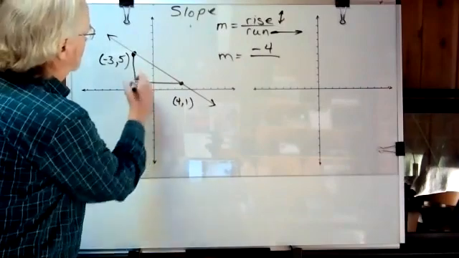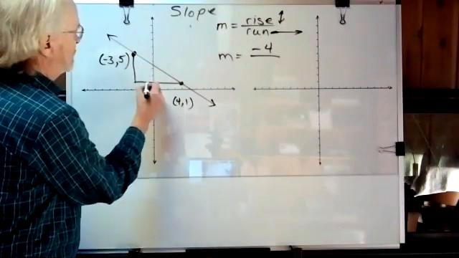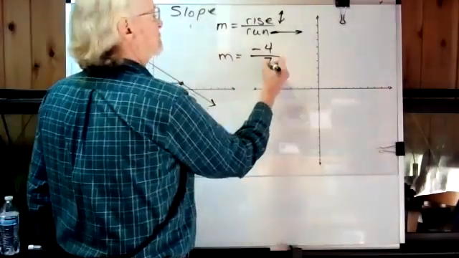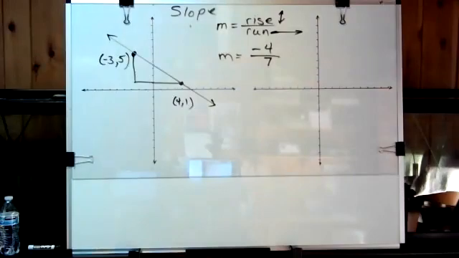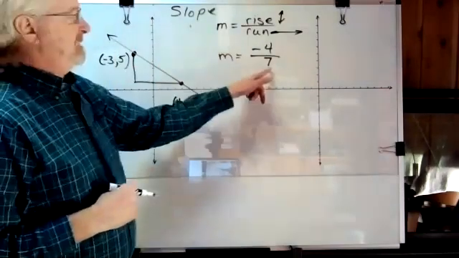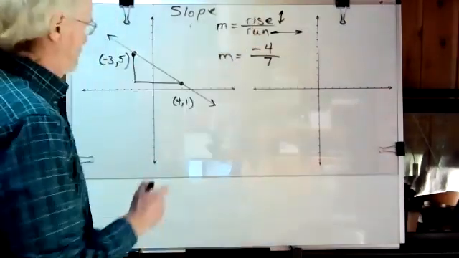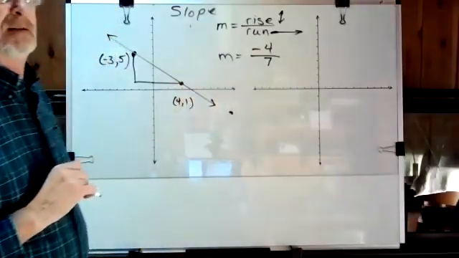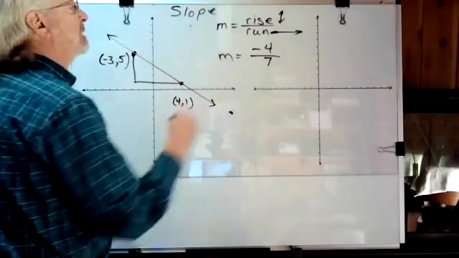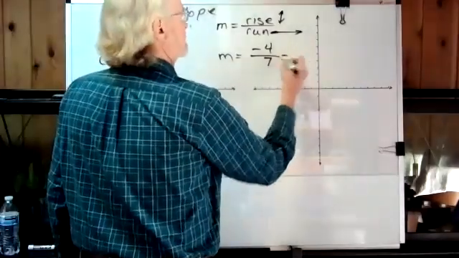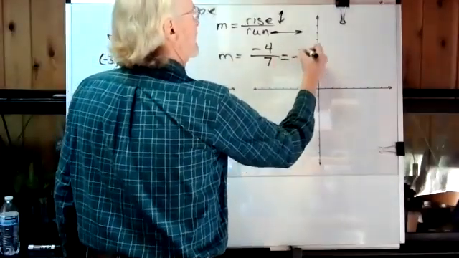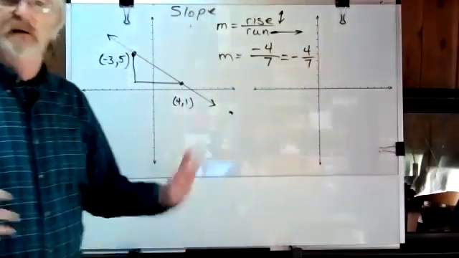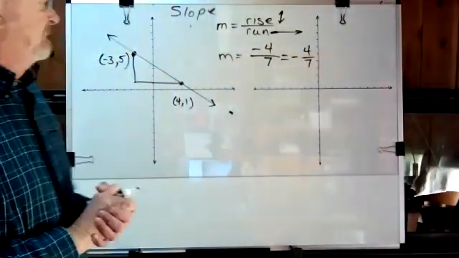Starting anyway, 1, 2, 3, 4, 5, 6, 7. So if I go over 7, I'm going to go down 4. Over another 7, down another 4 is going to find me another point on that line down there. You might just see this as the negative in front. We're going to have to address that at some point.